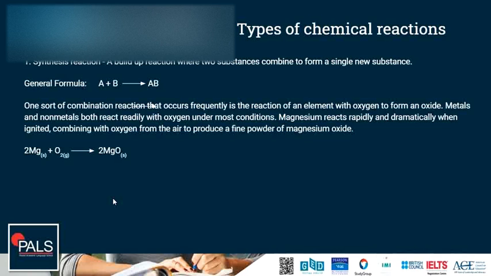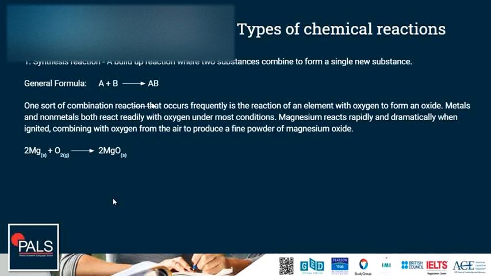One sort of combination reaction that occurs frequently, or synthesis reaction, is the reaction of an element with oxygen to form an oxide. Metals and nonmetals both react readily with oxygen under most conditions. Magnesium, for example, reacts rapidly and dramatically when ignited, combining with oxygen from the air to produce a fine powder of magnesium oxide.